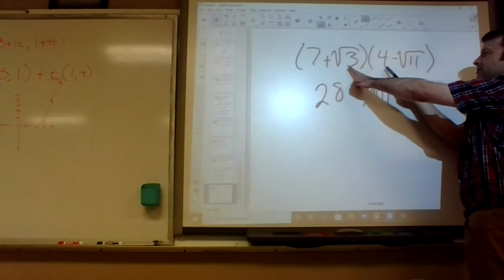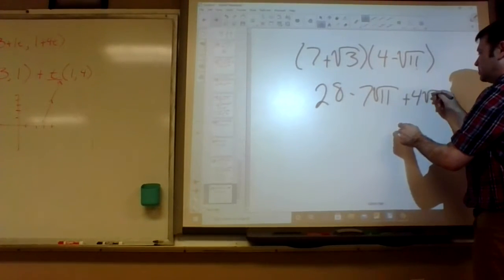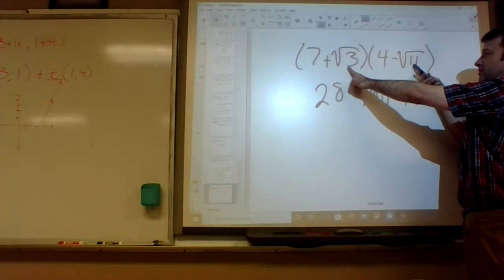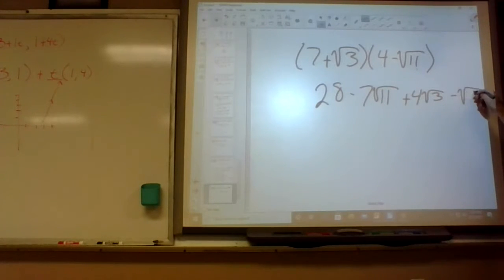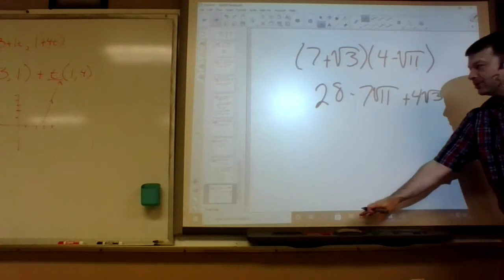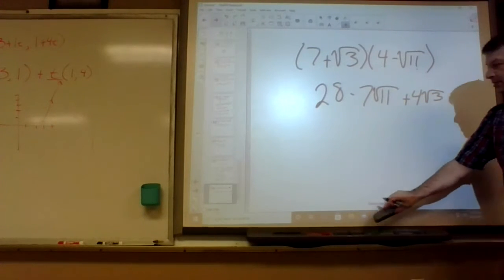What's inside? 4 square root of 3. And square root of 3 times square root of 11 is square root of 33, but there's a negative right there. Does 33 simplify? No. Can these add together? No. So we can't really do anything on this. That's just the answer.